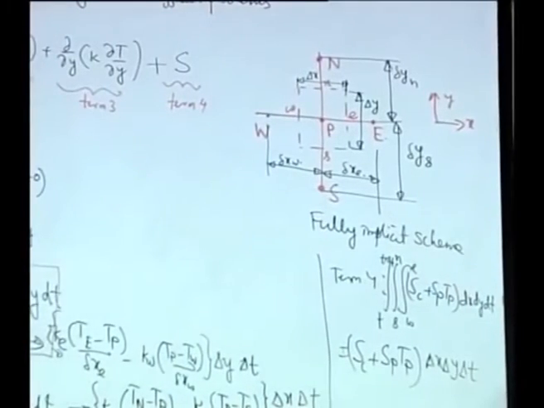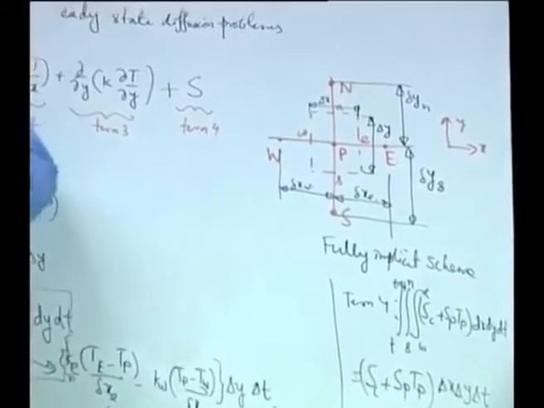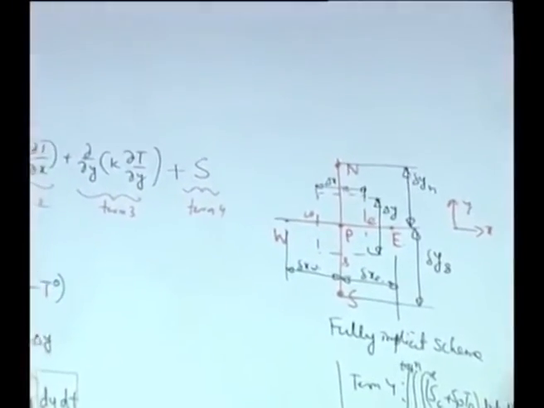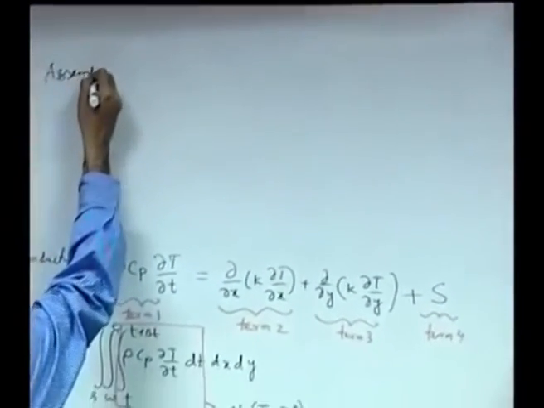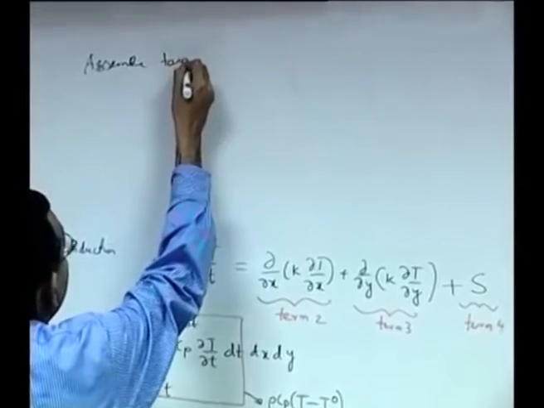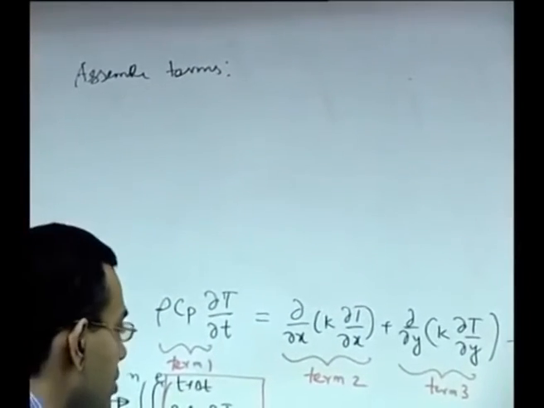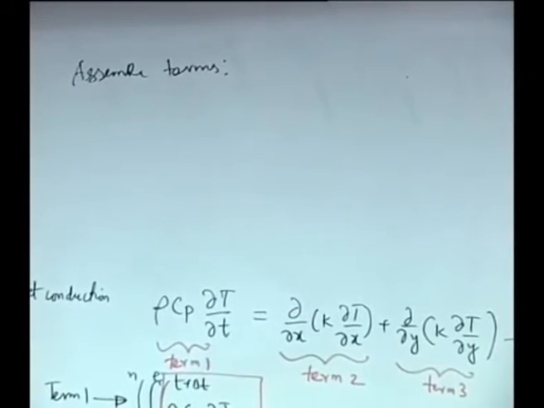So we have got all the 4 terms, the final job is to assemble these terms. To assemble these terms, what we do is we divide all the terms by delta t.